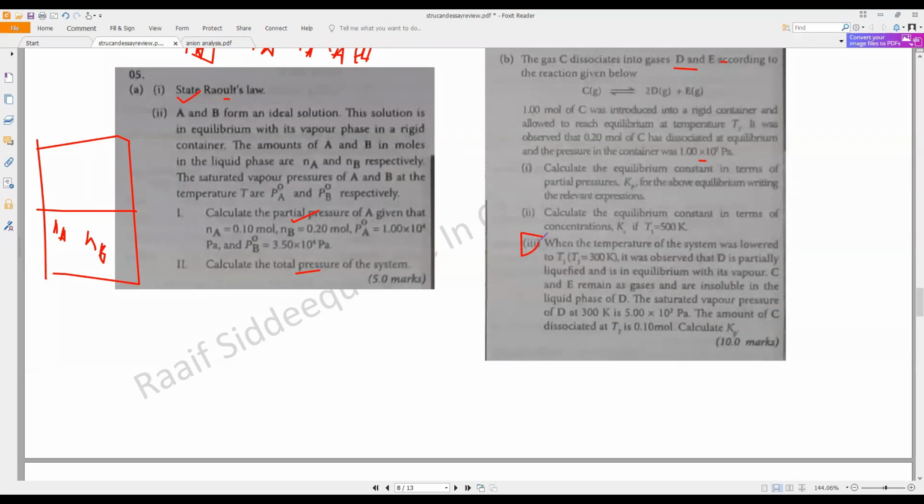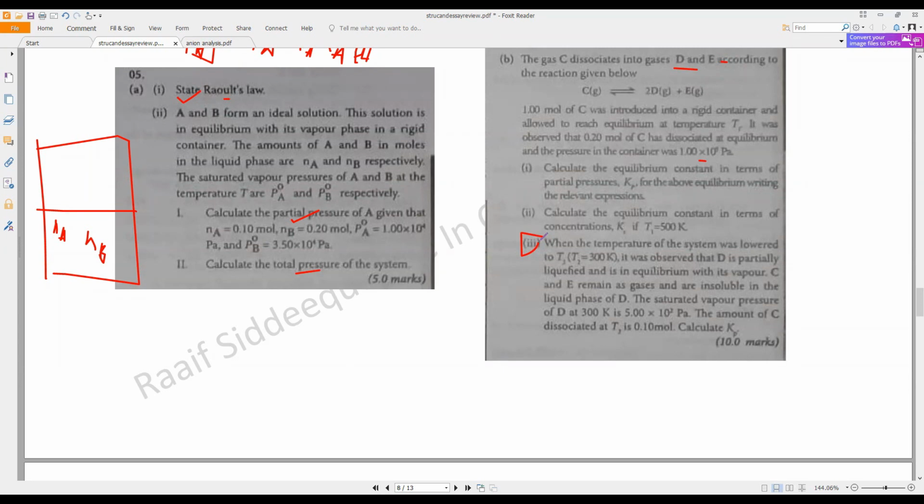The amount of C dissociated is given as 0.1 mole. So initially we had 1 mole, here also 1 mole. Then there was 0.1, this was 0.2, this was 0.4 and this was 0.2.